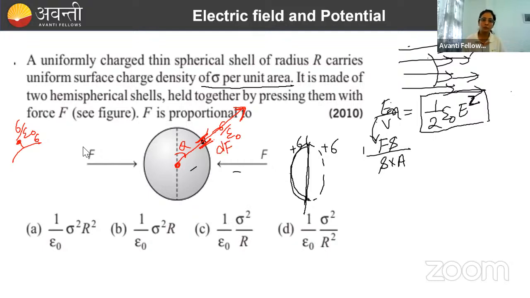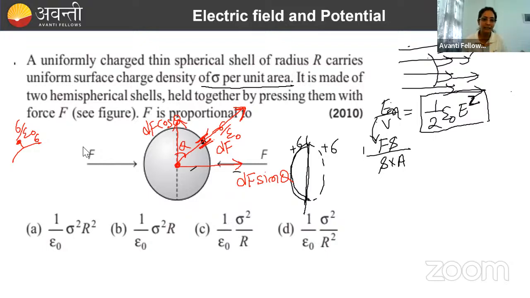Now this force will have two components. One will be in this direction, that is your dF sine theta, and one will be in this sense, that is your dF cos theta. So this force dF can be broken into two components.